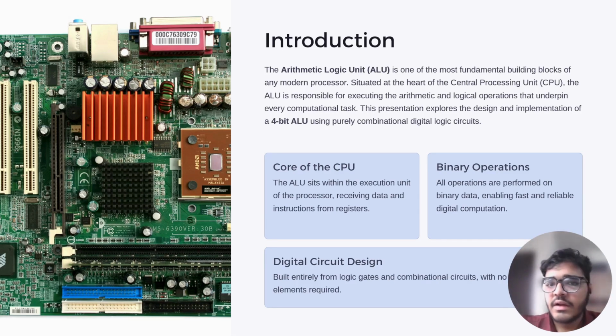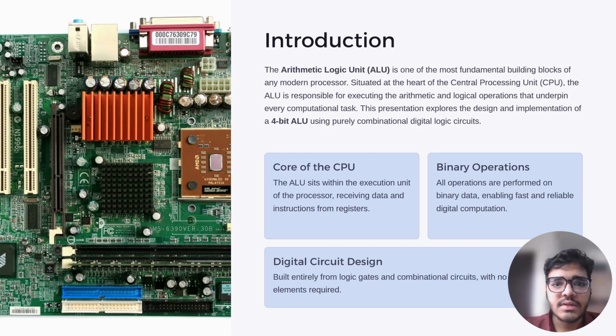The Arithmetic Logic Unit, also known as the ALU, is one of the most important components of any processor. It is located at the core of the CPU and is responsible for performing all arithmetic and logical operations. Every calculation, whether simple addition or complex decision making, ultimately depends on the ALU.